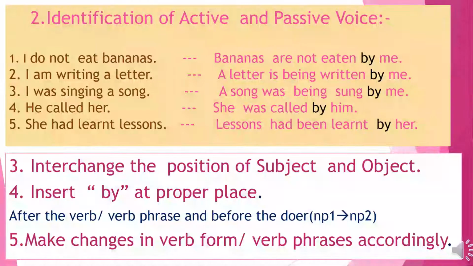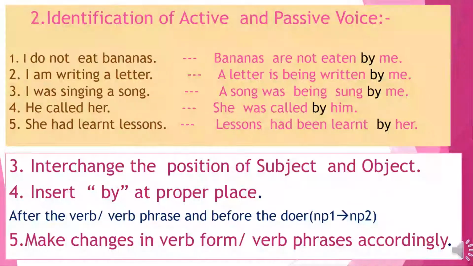My dear friend, in both the types of sentences you can see the changes. What type of changes are here? Subject and object interchange their position, and the word by is inserted before the doer of the main verb, and the third form of the verb is used in passive voice, and according to the tenses auxiliary verbs are changed.